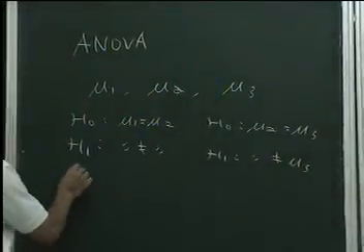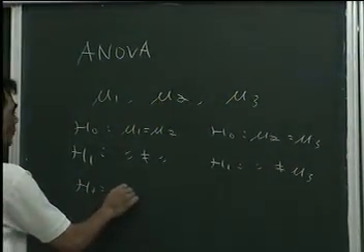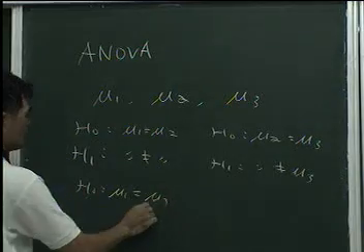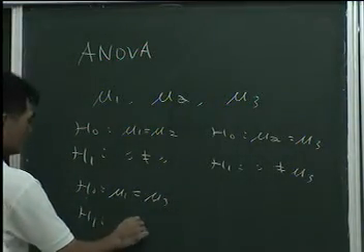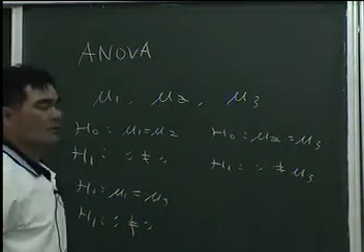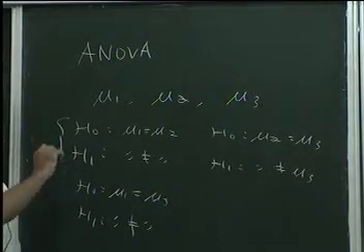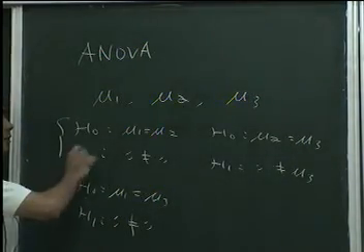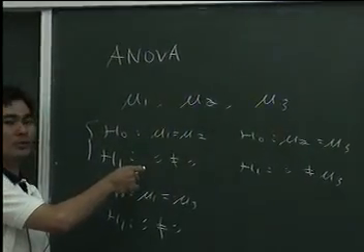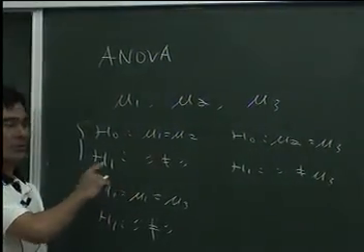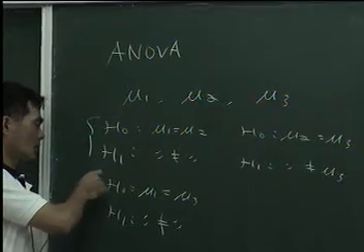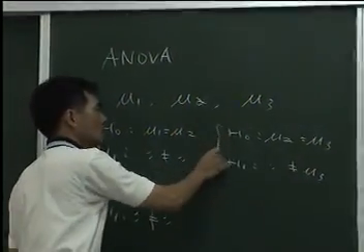And then you also have to test mu1 and mu3. Of course, according to each hypothesis test, you can get a result, whether they are equal to each other or not. And suppose, in this case, they are all equal to each other.